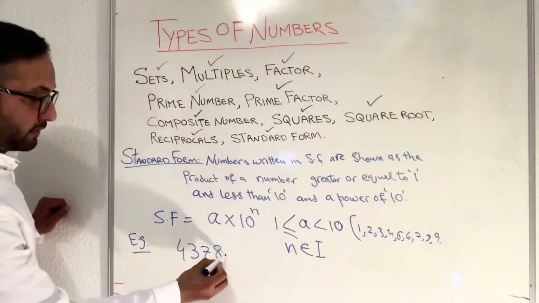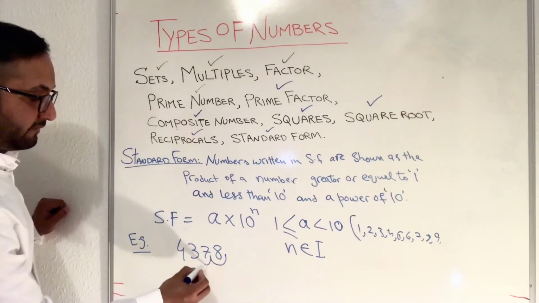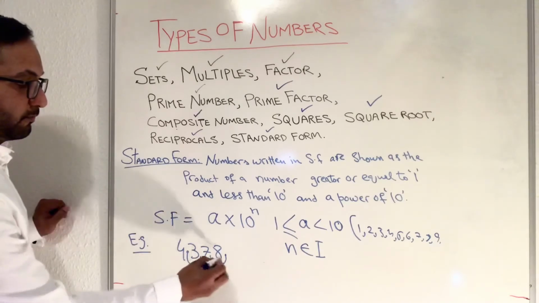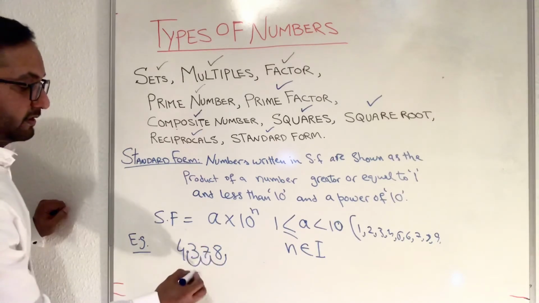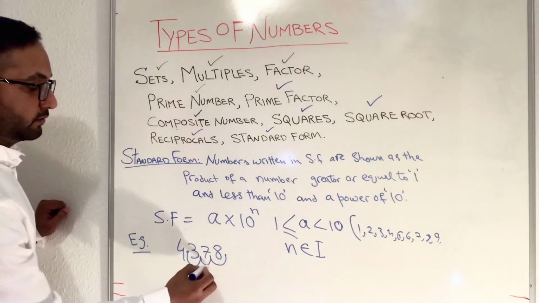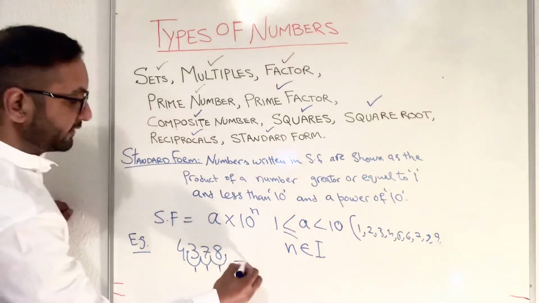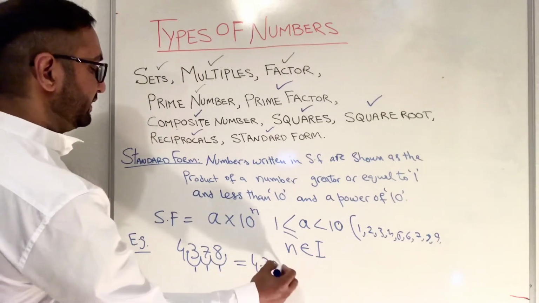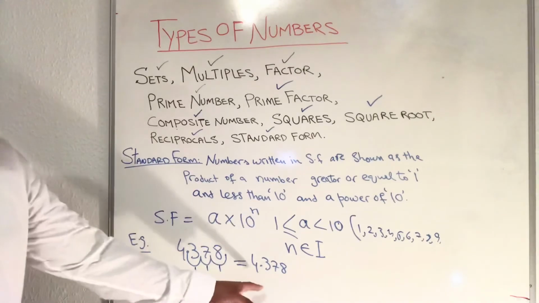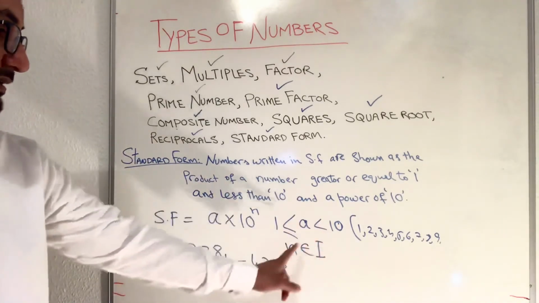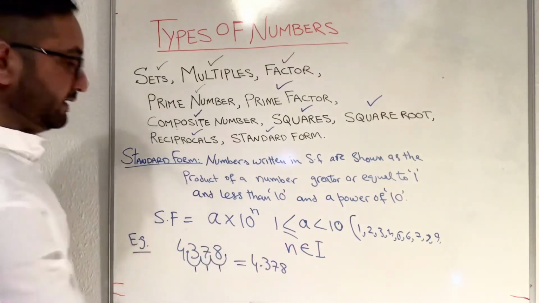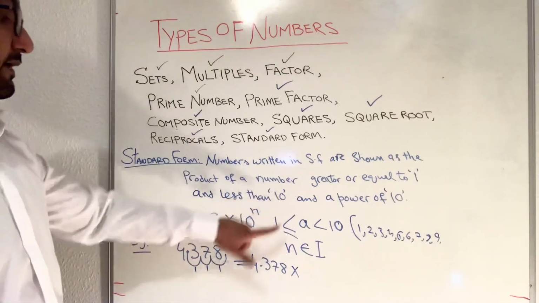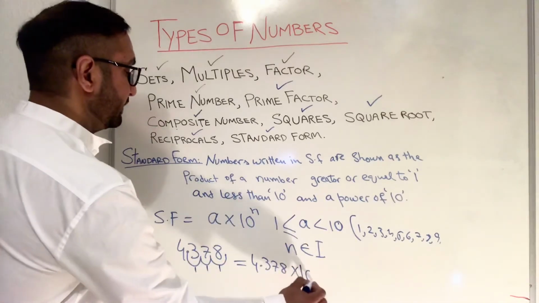So if we move the decimal point to the left, how many places are we moving? 3. So this is 1, 2, 3. So if I write that number in standard form, it becomes 4.378. Now this number is less than 10, greater than 1. That's fine. Product in times of which number? 10 power.